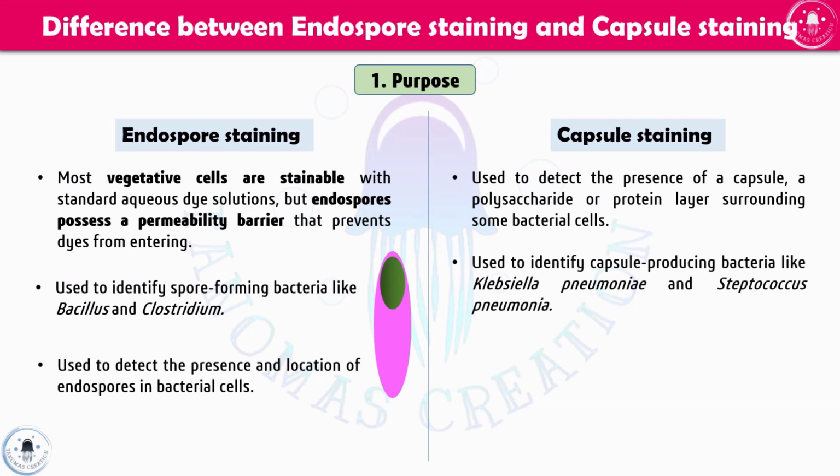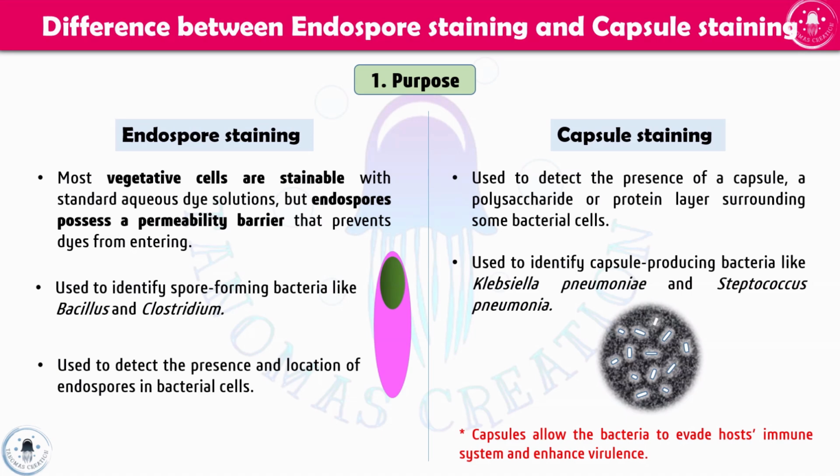Capsule staining is used to identify capsule-producing bacteria, for example Klebsiella pneumoniae and Streptococcus pneumoniae. In this diagram you can see the capsule-producing bacteria and how they look under the microscope. The function of the capsule is that it allows the bacteria to evade the host immune system and enhance virulence.